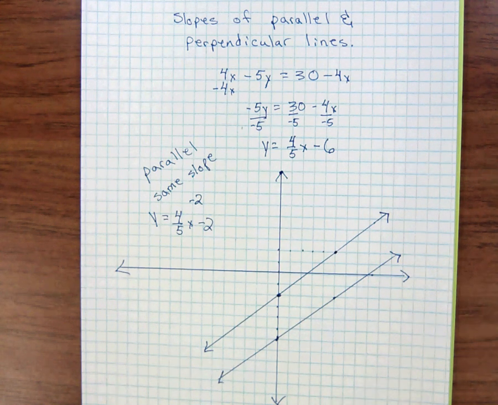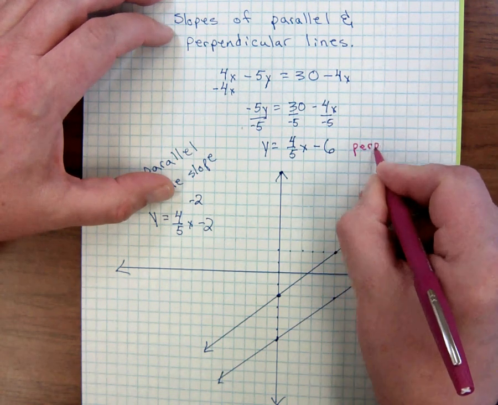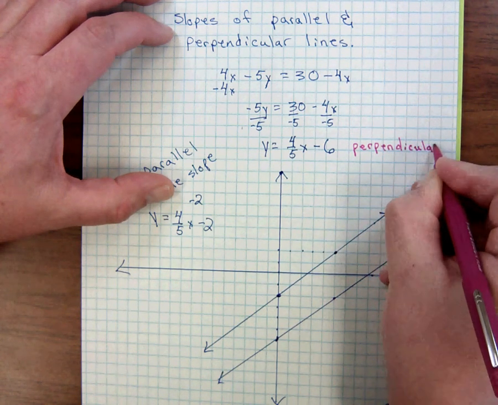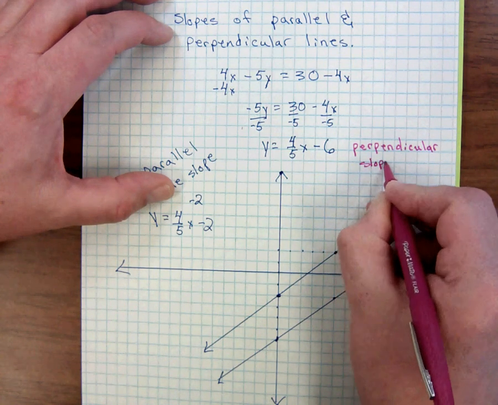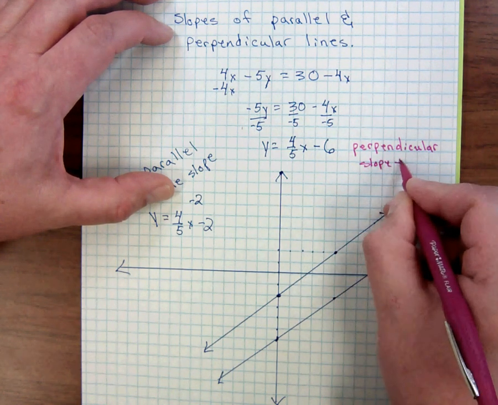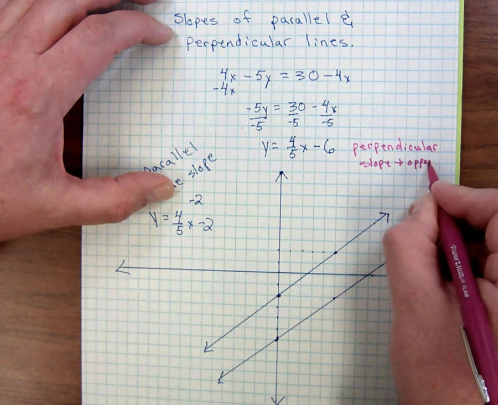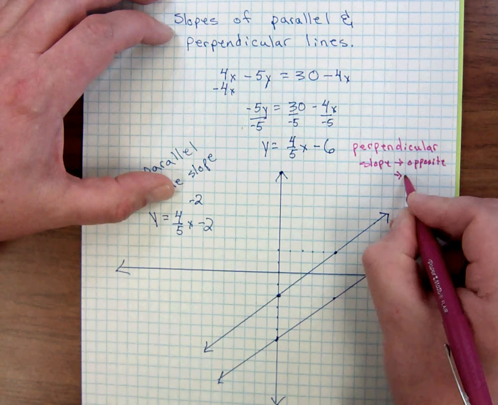Then, for perpendicular, our slope will be opposite and also a reciprocal.